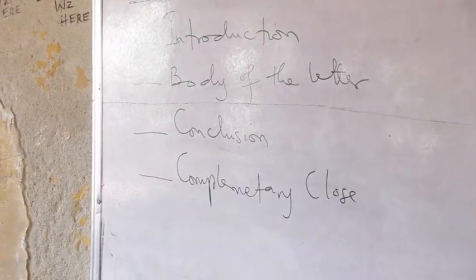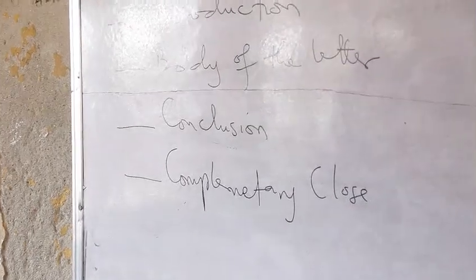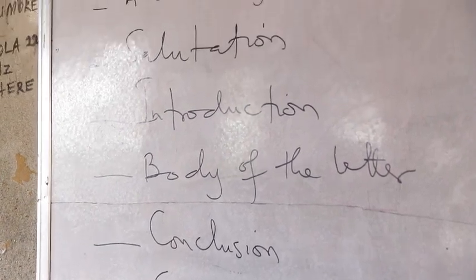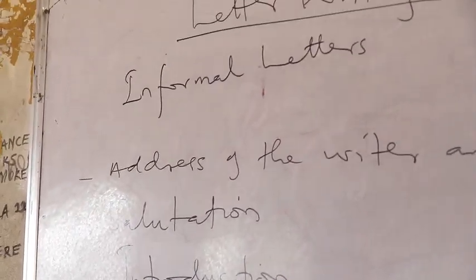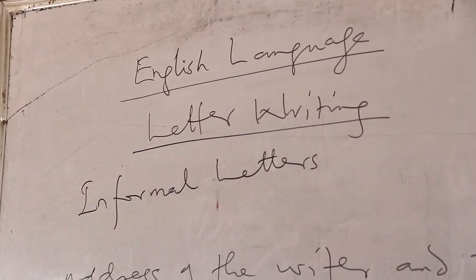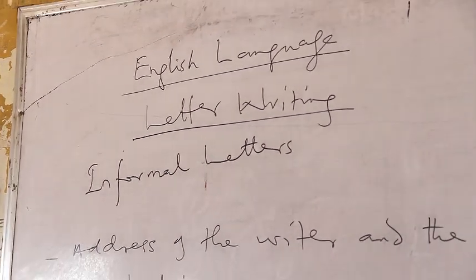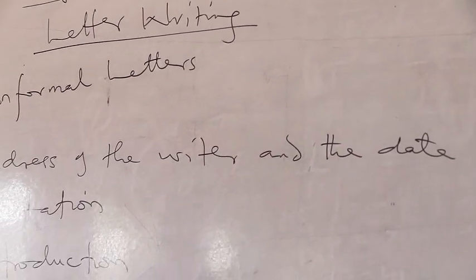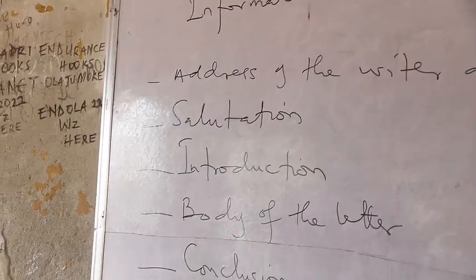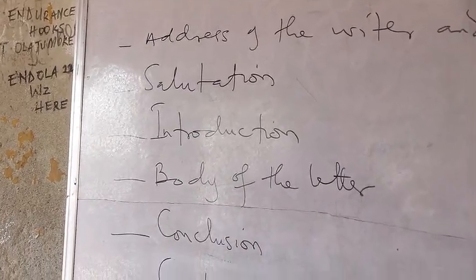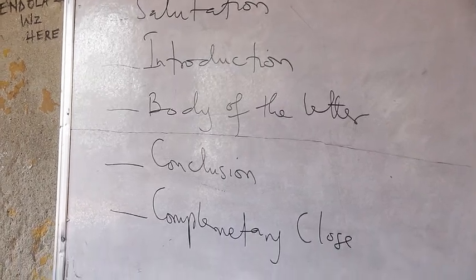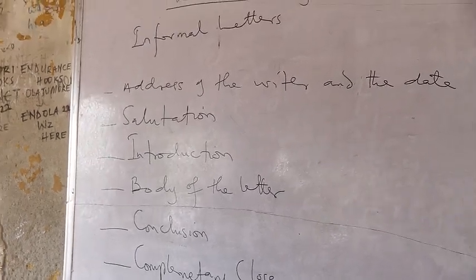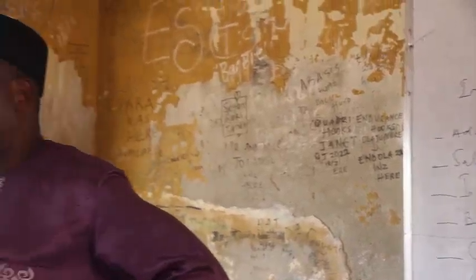So, examples of informal letters are: One. Your sister is proposing to marry a young man from another ethnic group.